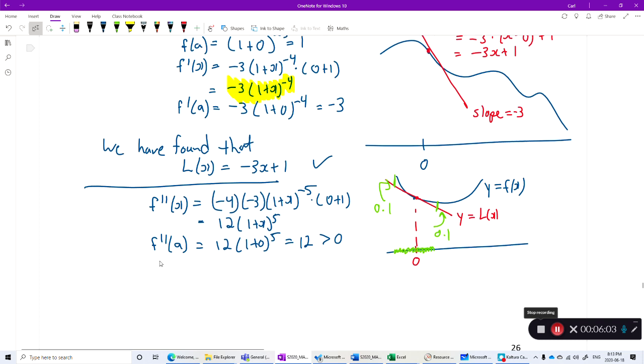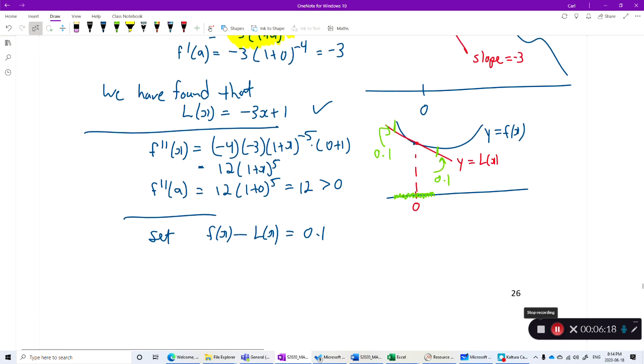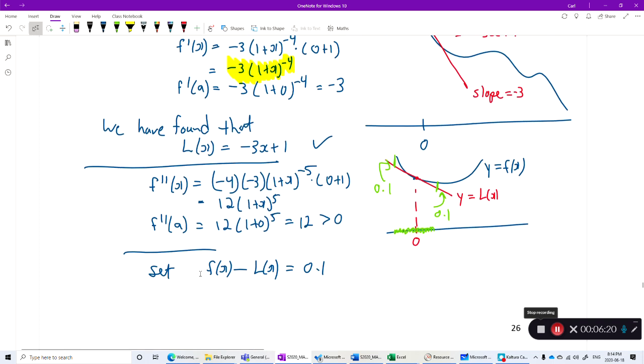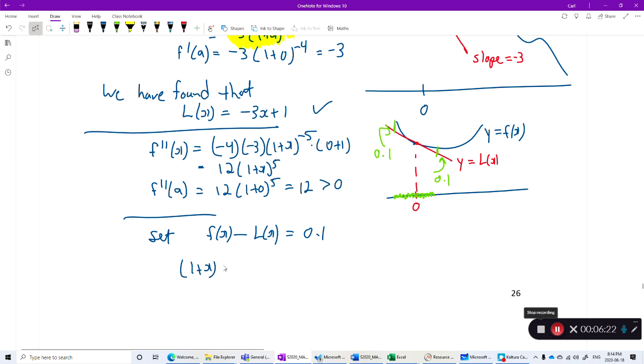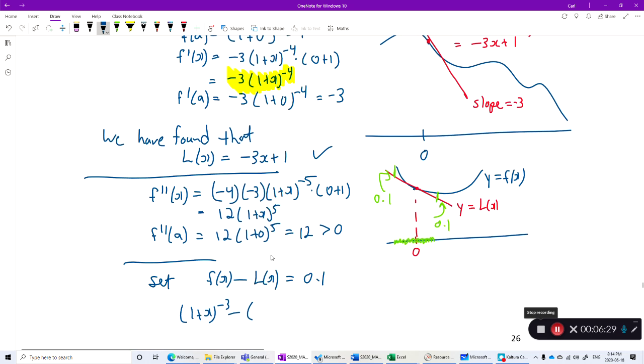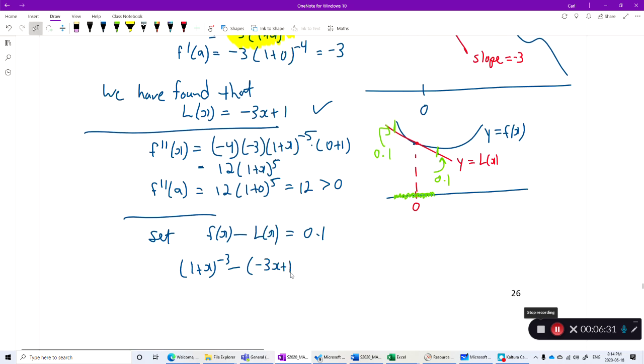So we're going to set the function minus the linear approximation equal to 0.1. We're going to solve that. There are going to be two solutions, left and right. Let's see what happens. So it's (1 plus x) to the power of negative 3 minus the linear approximation, which was minus 3x plus 1, equals 0.1.